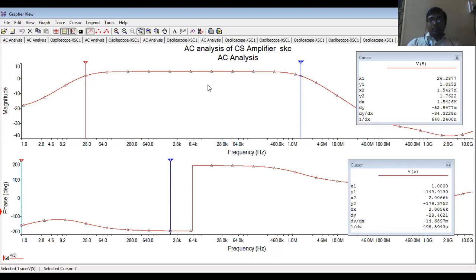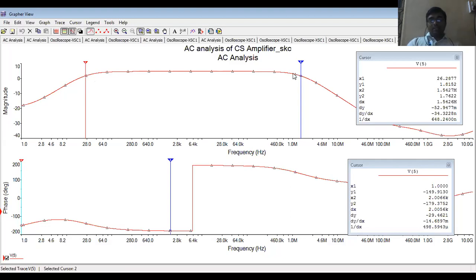This is the frequency response curve. This is the mid-band frequency region where the gain is constant. This is the lower frequency range, where the voltage gain decreases as the frequency decreases. This is the higher frequency range, where the voltage gain decreases as the frequency increases. This is your upper cutoff frequency, nearly 1.5 megahertz, and this is the lower cutoff frequency, 26 or 27 hertz.